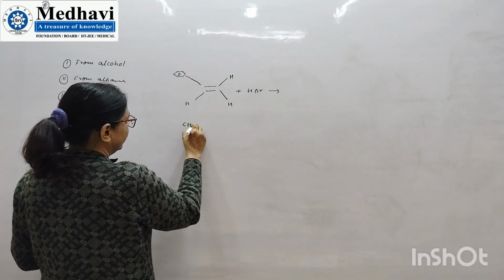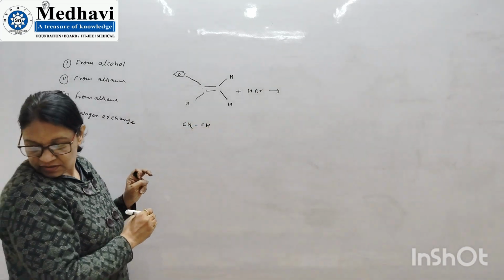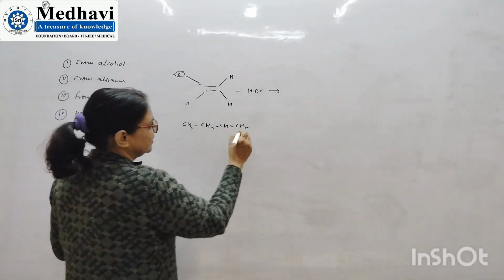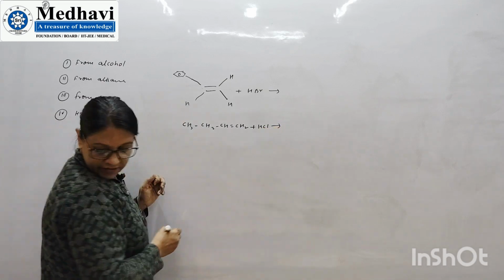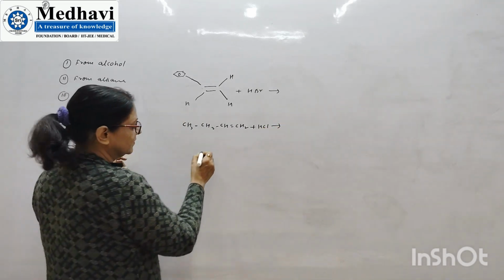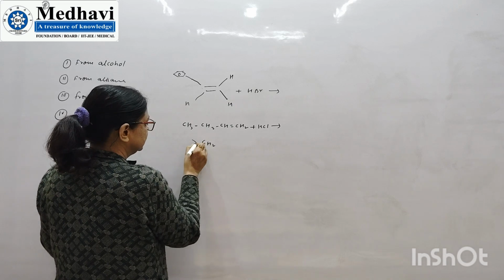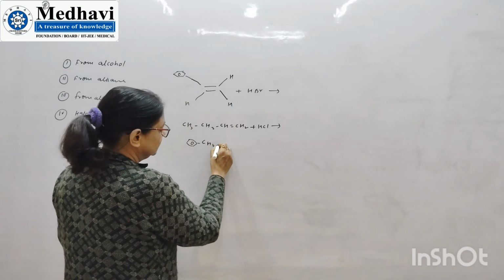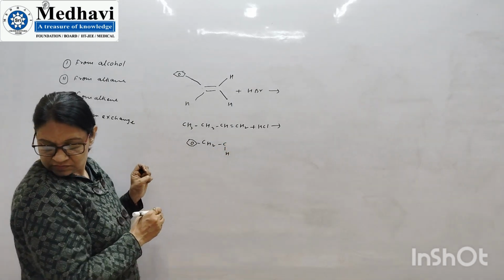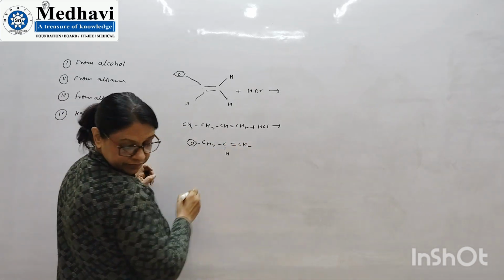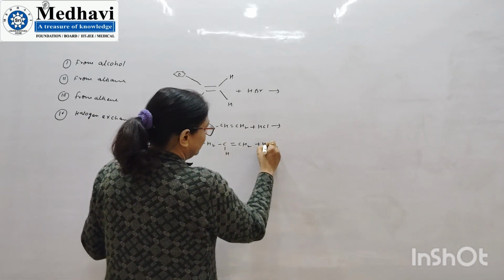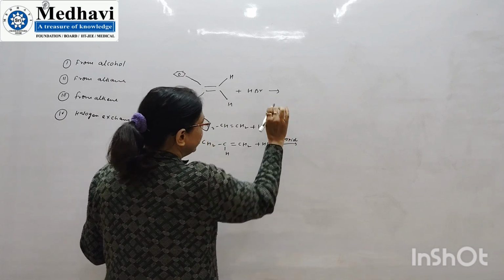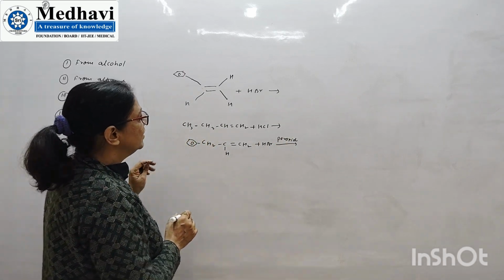Second is CH3CH2CH double bond CH2 plus HCl. Third is this, here HBr, but one word is mentioned here, that is peroxide. That is important. Where nothing is mentioned, it will go according to Markovnikov rule.